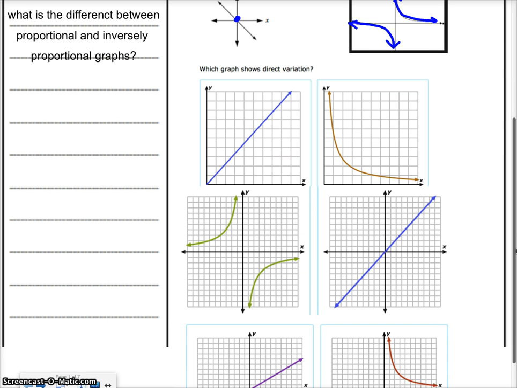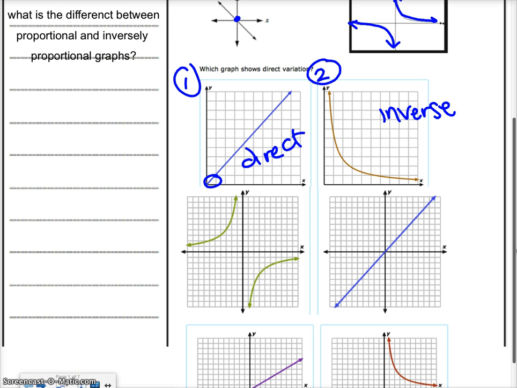Is this graph number 1 here, directly or inversely proportional? Why is it direct? Yes, it's as easy as that. You're checking to see, does it go through 0? If it goes through 0, it's direct. What about this graph number 2 here? Inverse, because it doesn't go through 0.